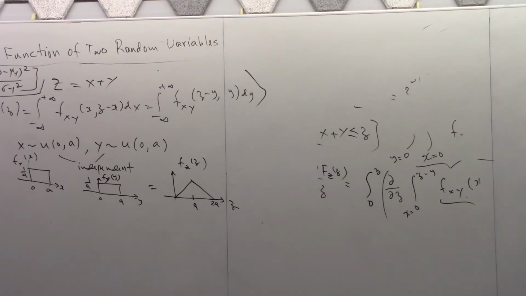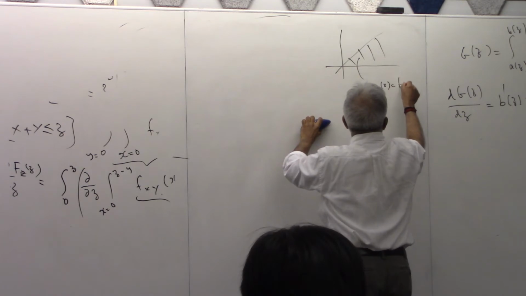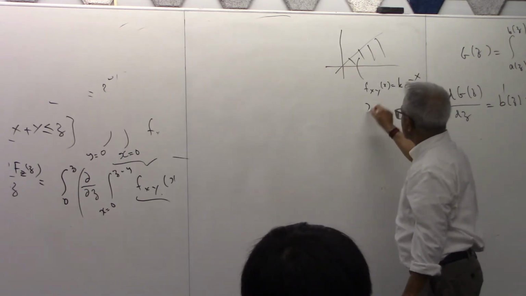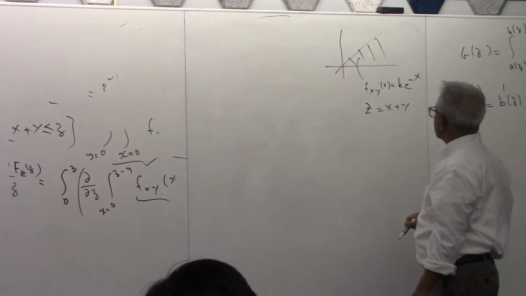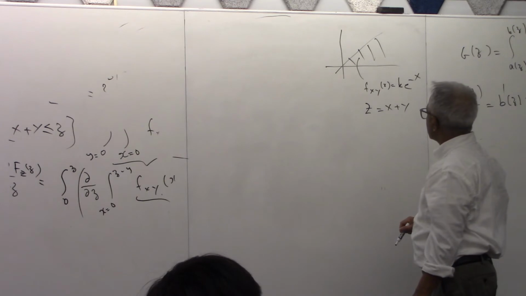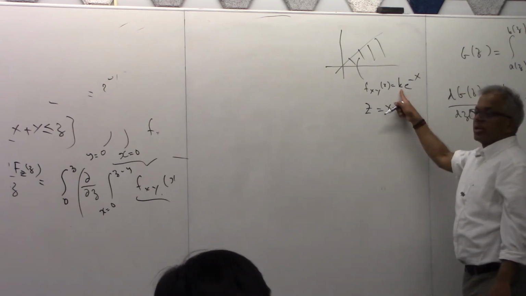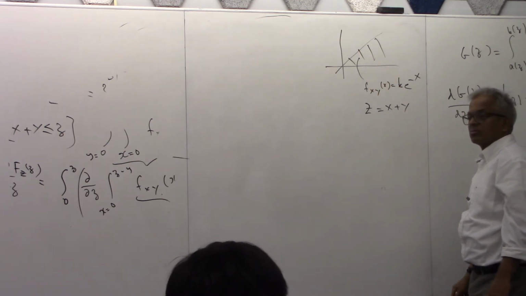So here is a problem. Try to do this at home. So x and y, you can find out k, in this region, and the joint density function is, let's say, of this form.